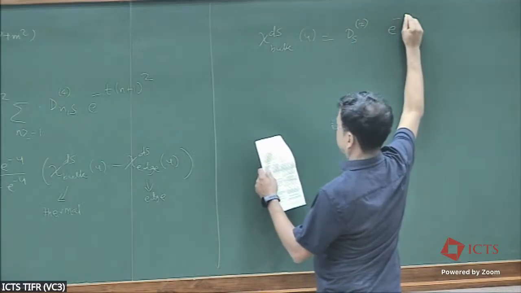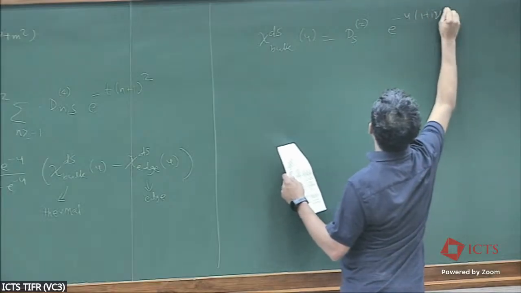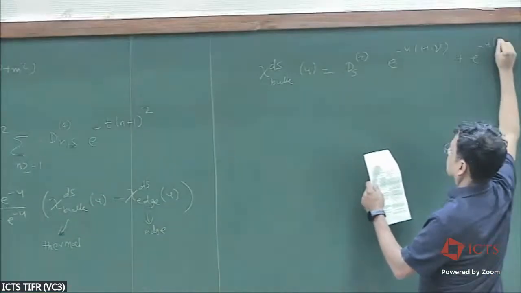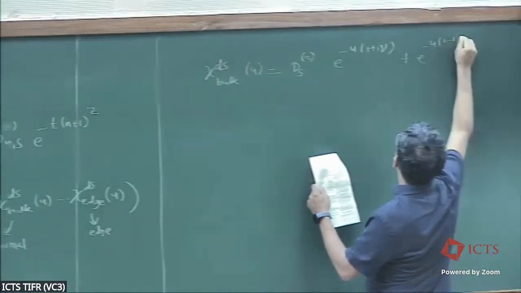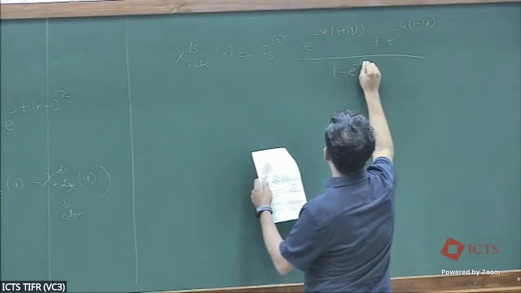So there are some very explicit formulas: I nu plus e^(-u)(1 - I nu), over (1 - e^(-u)) whole square.